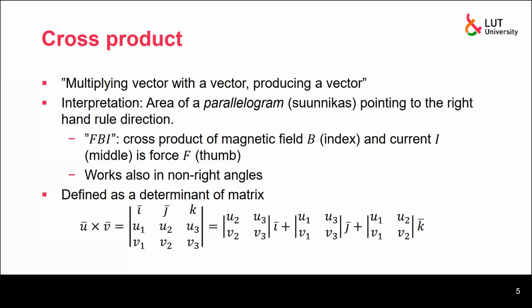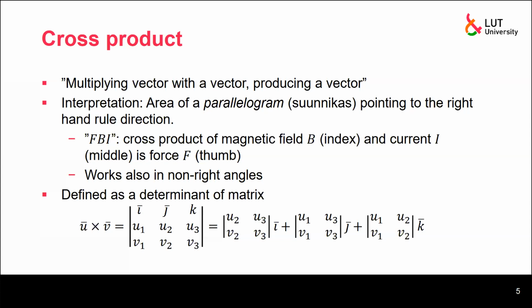So if we have larger determinants, we can break them down by components and calculate by that. To get the multiplier of the first component i here, we take the second and third rows of the coefficients. For j, which is second, we take the first and third, and for k, which is the third component, we take the first and second.